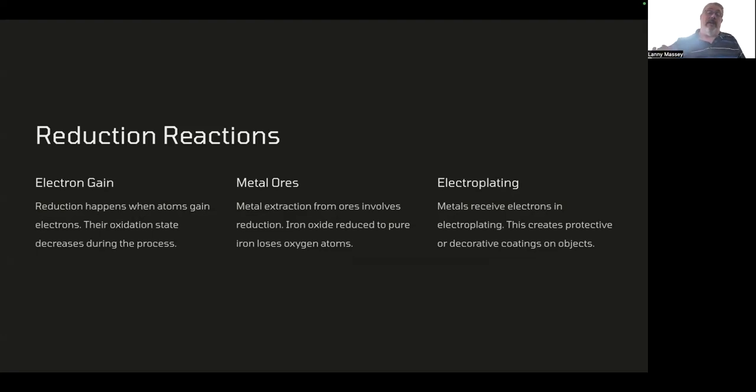Everything on the right-hand side of that staircase is a non-metal. And that staircase moves further and further to the right as you look at a periodic table. Well, why is that? As you go down the periodic table, you're adding more and more energy levels of electrons. So the electrons are getting further and further away from the nucleus.